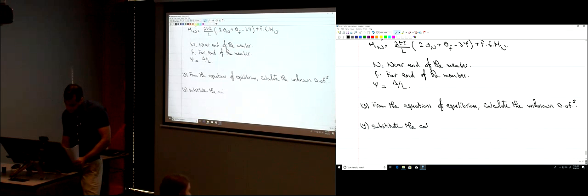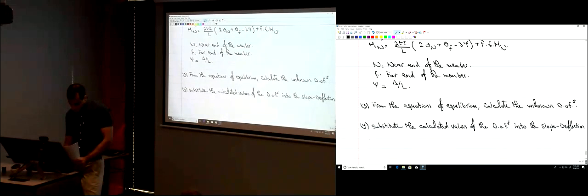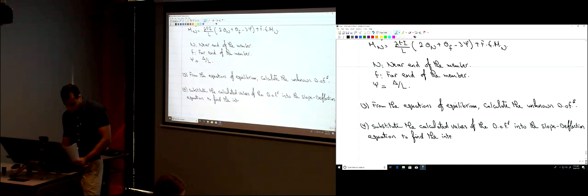Substitute the calculated values of the degrees of freedom into the slope deflection equations to find the internal moments.